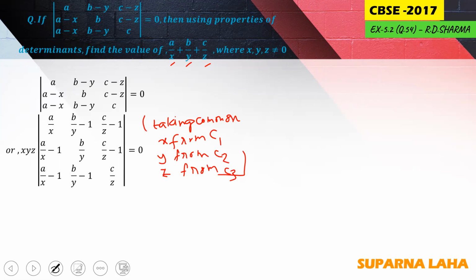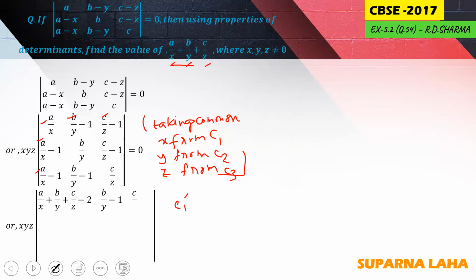These are the operations, taking common. Now look at that. If we add the first, second and third elements, what you will find is a by x plus b by y plus c by z minus 2. And for each row you will find the same. So add the columns, that is C1 dash is given by C1 plus C2 plus C3.